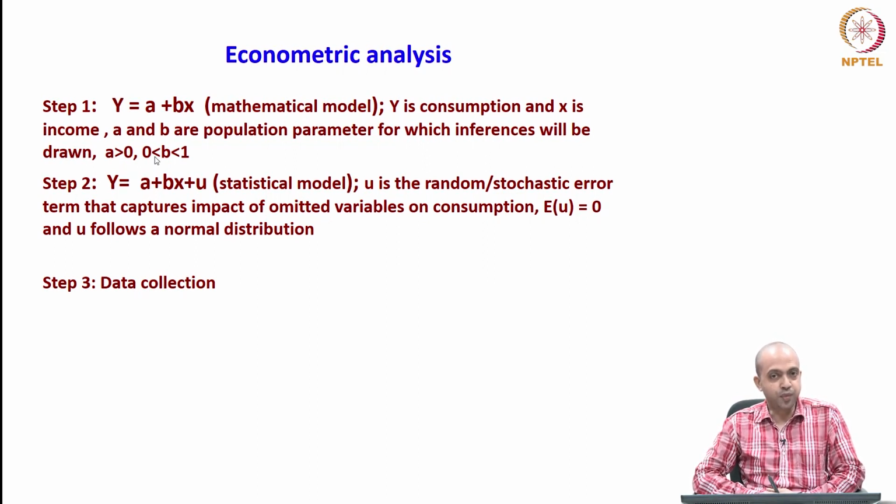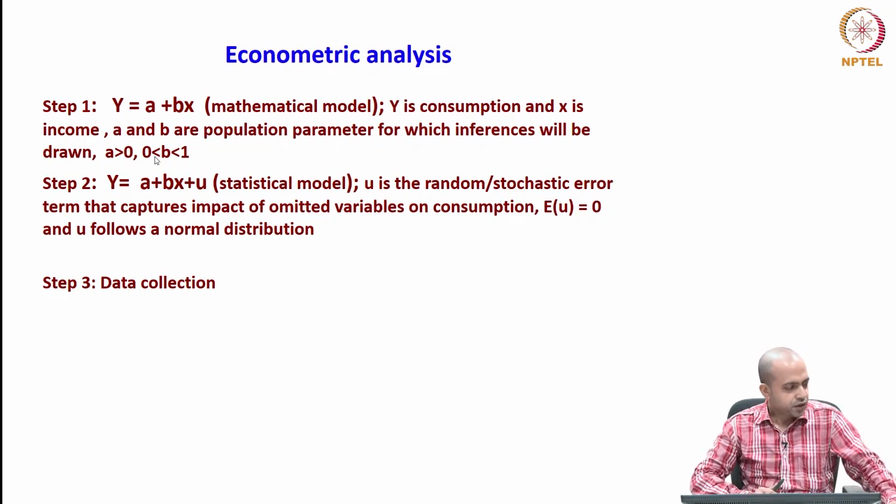That is called marginal propensity to consume, or MPC. If you differentiate this function with respect to x, you will see that delta y by delta x equals beta, which is nothing but the marginal propensity to consume.